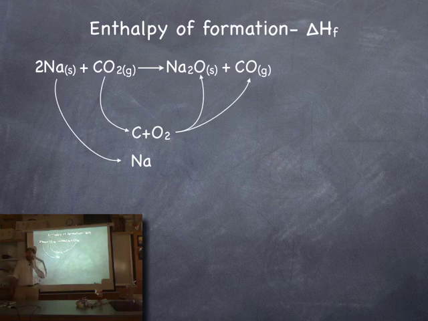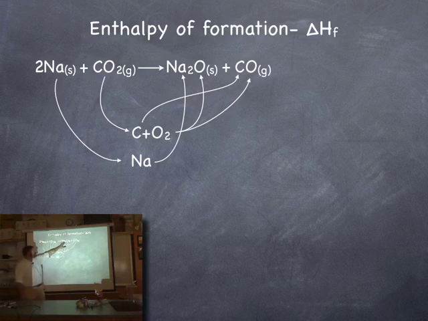So, with the oxygen going to the sodium, and the carbon going to the carbon monoxide, what we want is to be able to write equations that represent the formation of each of our molecules, both the reactant molecules and the product molecules.